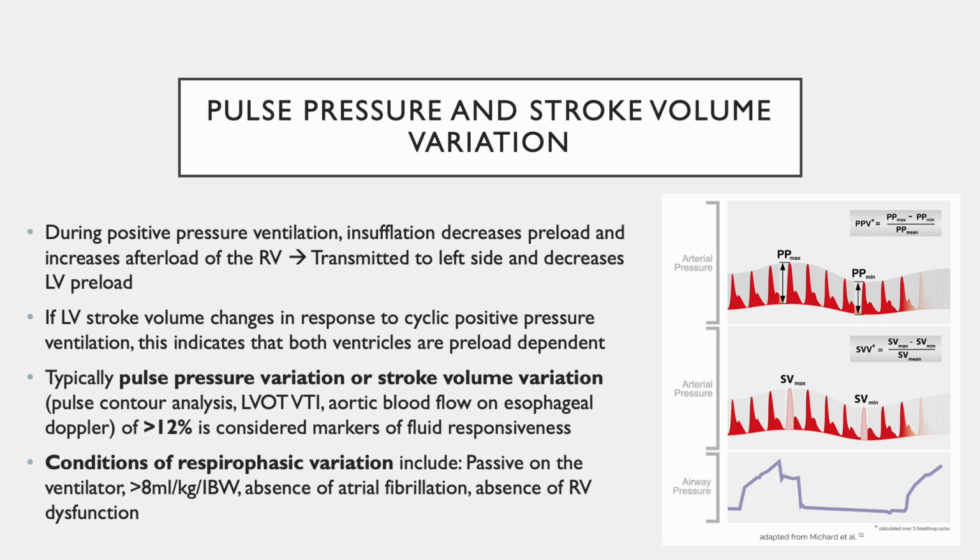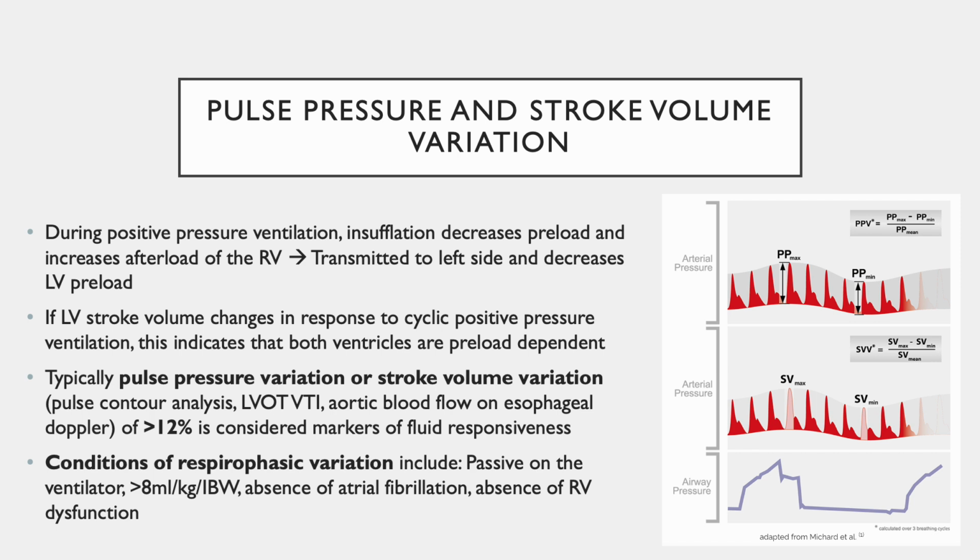As such, there will be fluctuations in cardiac output across the respiratory cycle, and these fluctuations are exaggerated in fluid responsive states, where a 12% stroke volume variation or pulse pressure variation is suggested to indicate fluid responsiveness. Pulse pressure variation can be automatically calculated in some newer ICU monitors, while stroke volume variation can be obtained from pulse contour analysis.